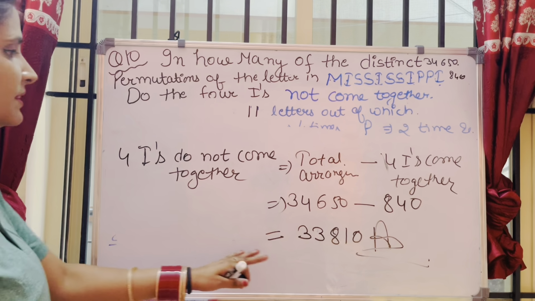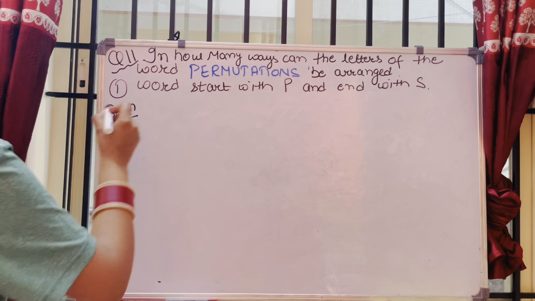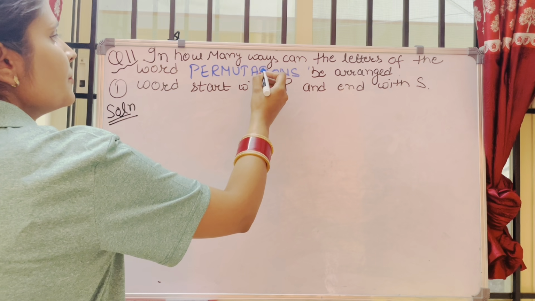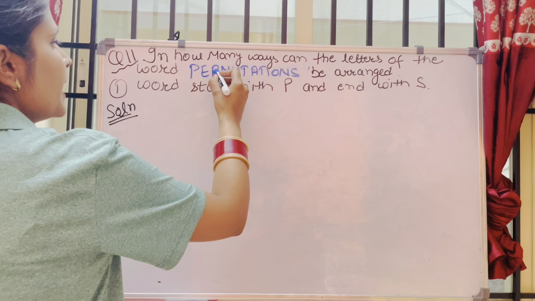Right? So this is our 10th question. Our 11th question, which is our last question in this exercise, is: in how many ways can the letters of the word permutation be arranged? First condition is the word starts with P and ends with S. First, how many total letters are there? 1, 2, 3, 4, 5, 6, 7, 8, 9, 10, 11, 12.